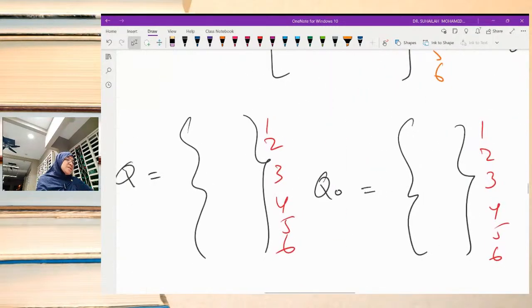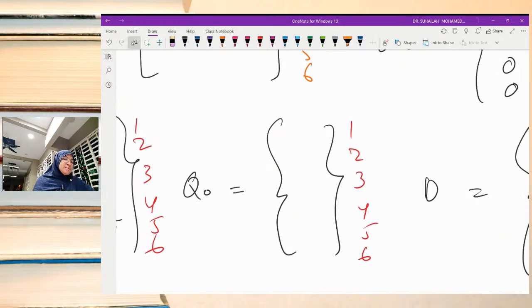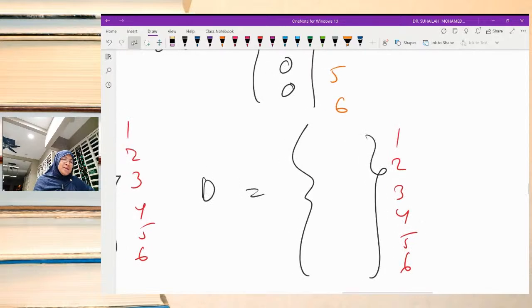So here is negative 20 and 40. Negative 20 and 40. 3 to 6 remain as symbol. 3, 4, 5, 6. D, D1, D2.